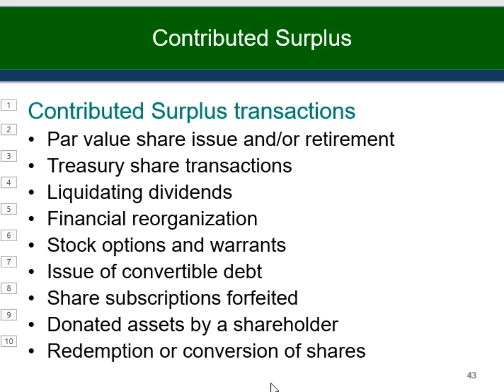Liquidating dividends are returns of capital, and so that would reduce the contributed surplus proportionately to the amount of liquidating dividends that are paid out. Financial reorganizations, Appendix 15B; stock options, warrants, convertible debt, Chapter 16; share subscriptions forfeited, covered earlier in the PowerPoints; donated assets by a shareholder; and redemption or conversion of shares.